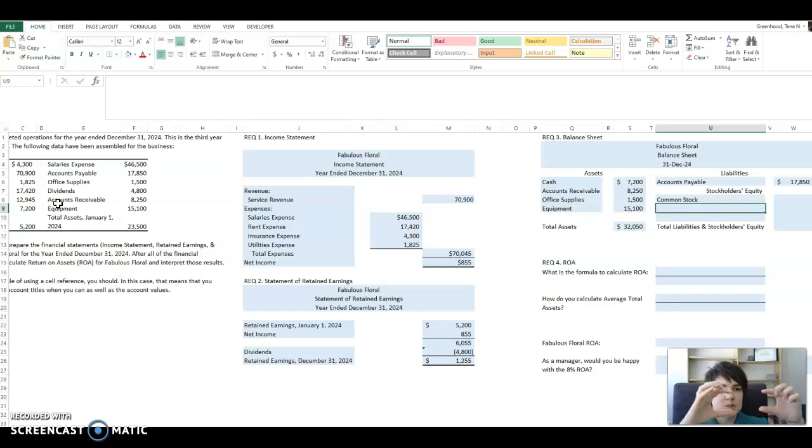But then if you include dividends, that gives us retained earnings. So we could say common stock and retained earnings gives us equity, and that's what we're presenting here, the common stock and retained earnings. And I actually don't have plain retained earnings, I only have these ones with dates, so we have to type retained earnings.